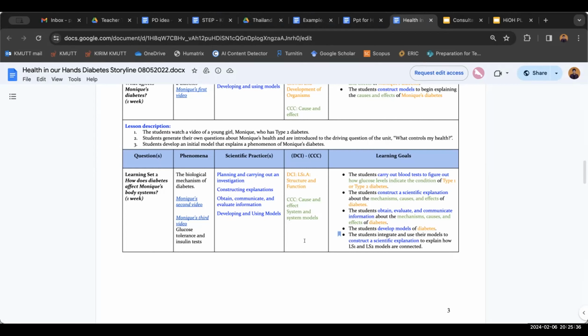Then students need to take the data they've collected and analyzed and put it into a scientific explanation using claim, evidence, and reasoning. Part of that is that they're also presenting it. That's another practice: how are they communicating that information?